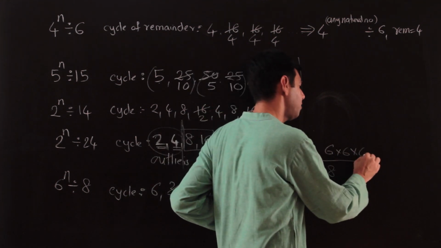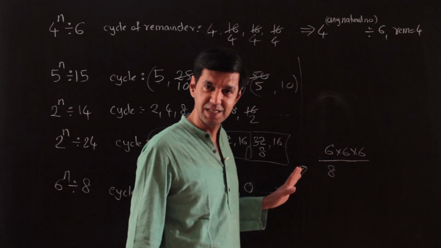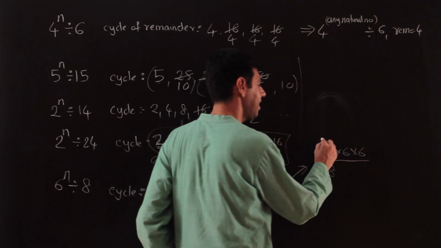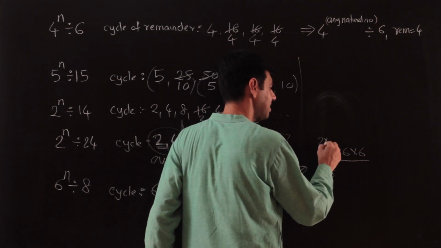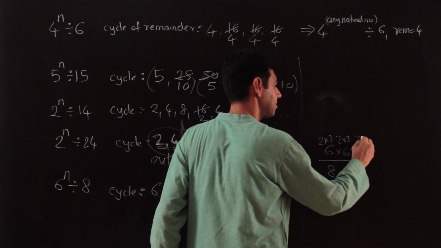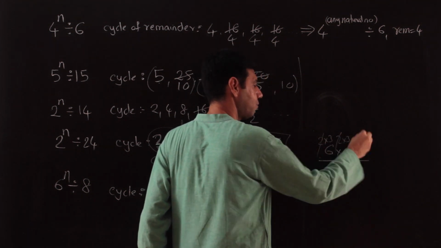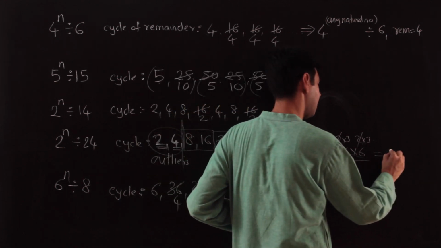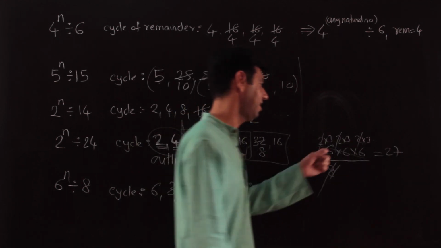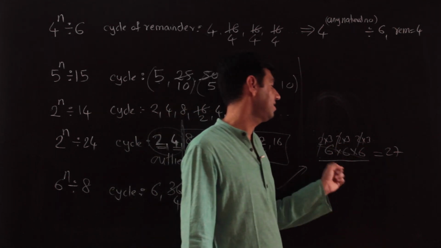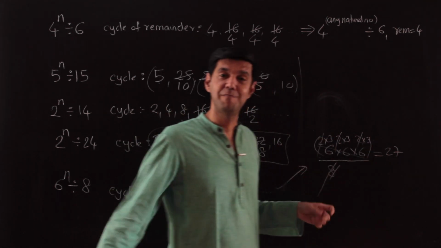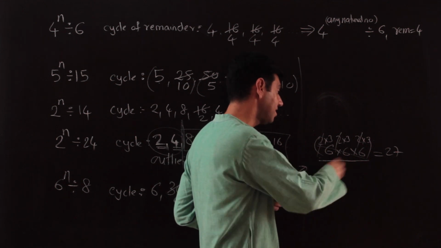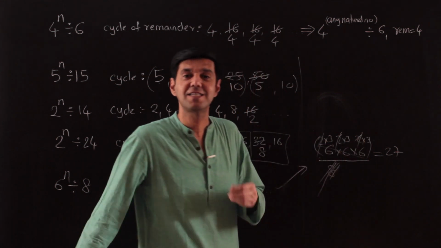The moment I do a 6, hang on before you go to 216. What's happening is, can I cancel out the 2s? 2, 2, 2, can I cancel this out? So when I cancel this out, this becomes a 27, 3 into 3 into 3. What does this mean in the language of remainders when the divisor gets completely cancelled?